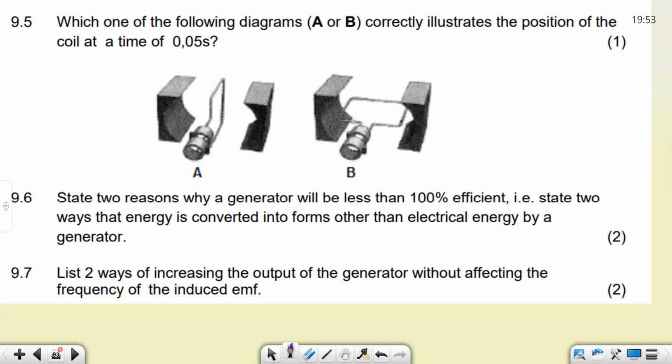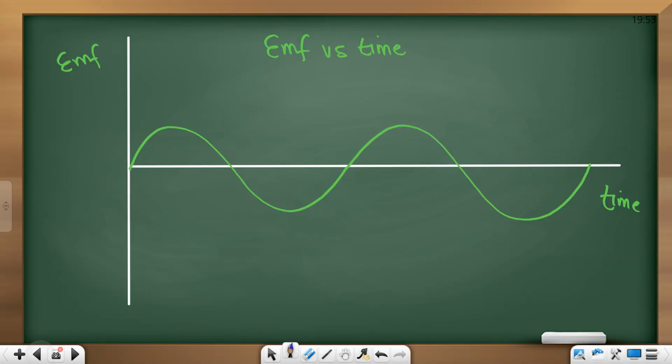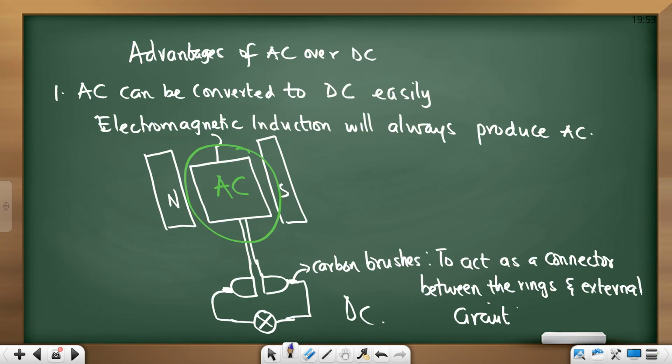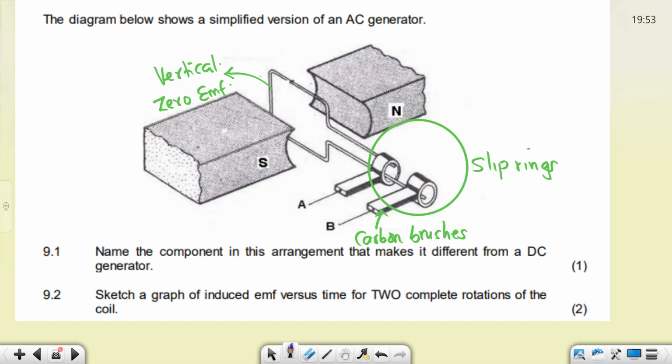A. It cannot be B. When the coil is standing vertical, I did mention that, we have 0 EMF.